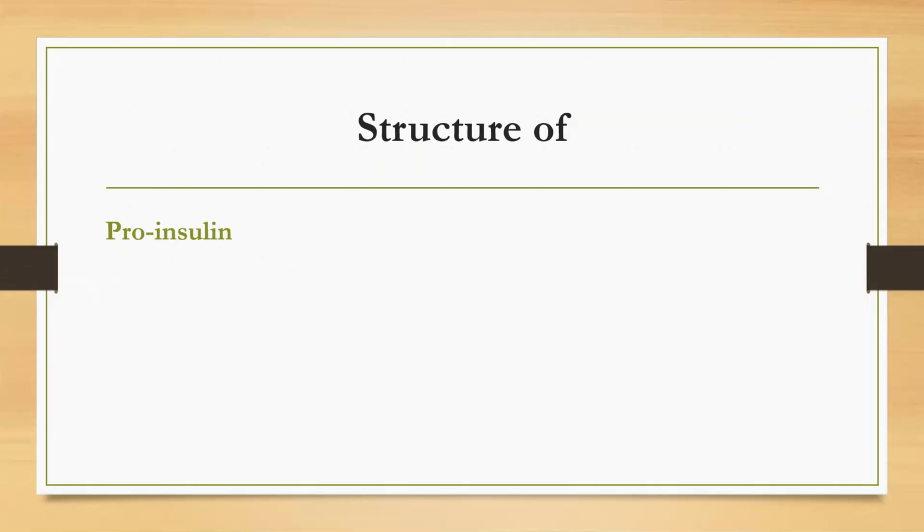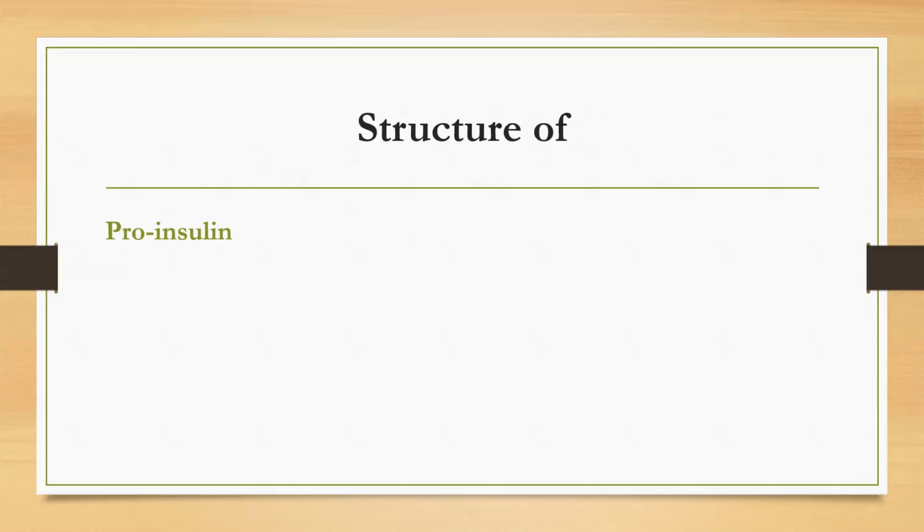But before knowing about that, we should know the structure of insulin, the importance of insulin. Already you have studied insulin in the previous classes. Insulin is a hormone, and that insulin is produced by the beta cells of islets of Langerhans of the pancreas. And the insulin is responsible for the maintenance of a constant glucose level, the optimum glucose level in the blood. So that is the importance of insulin.